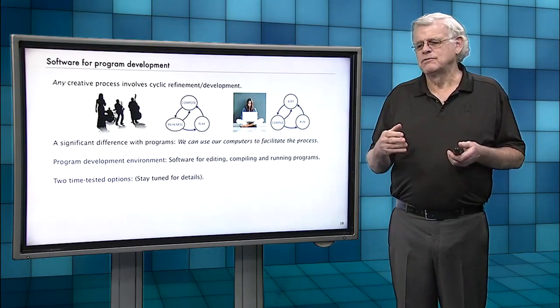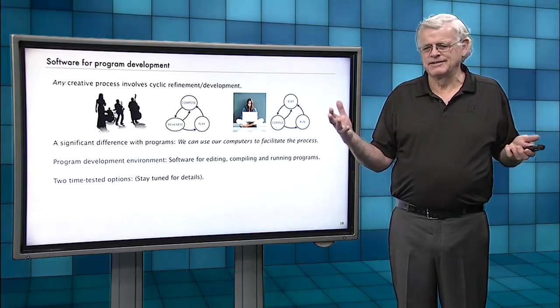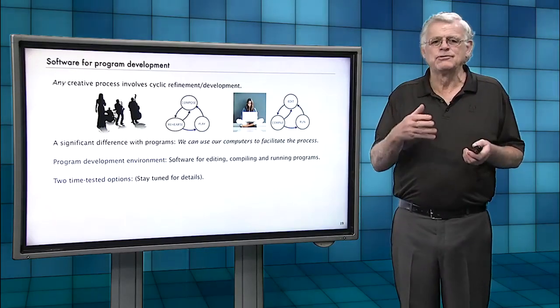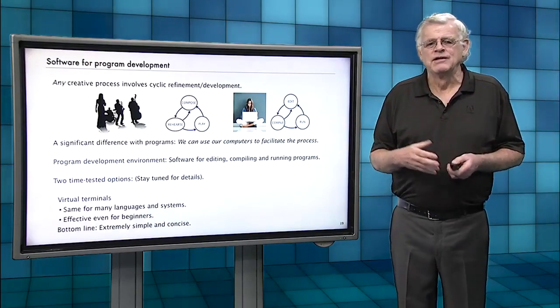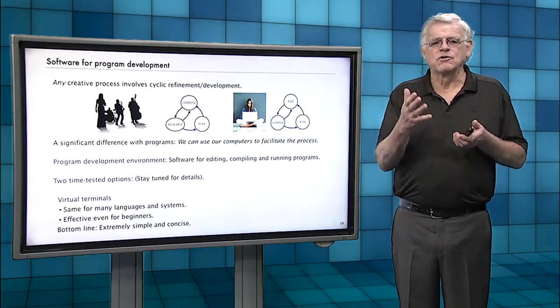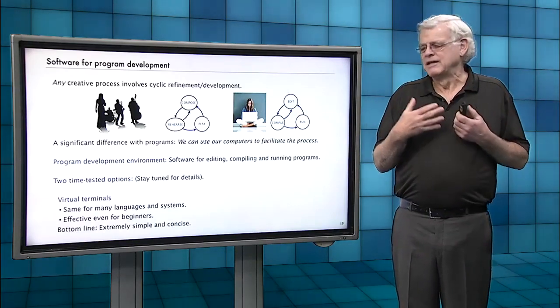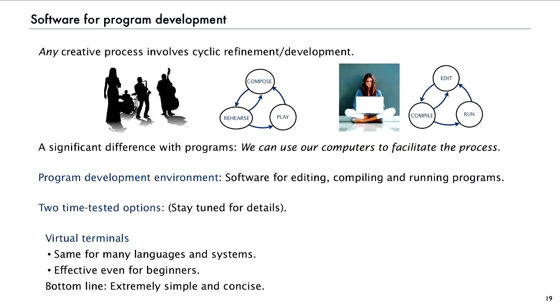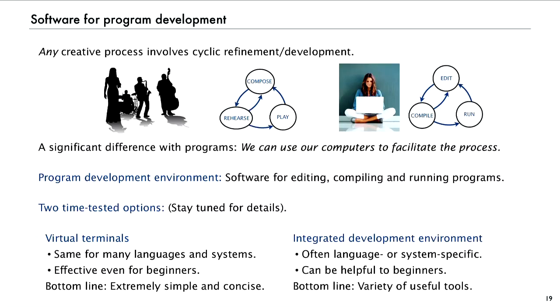Now there are a lot of different ways to think about program development environments, but I want to talk about two time-tested options. One of them is called using virtual programs, and that's an approach that works for many different languages and systems. It's very effective even for beginners, and it's very simple and concise.